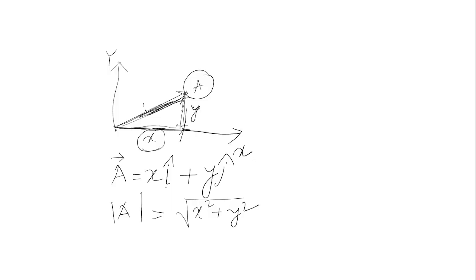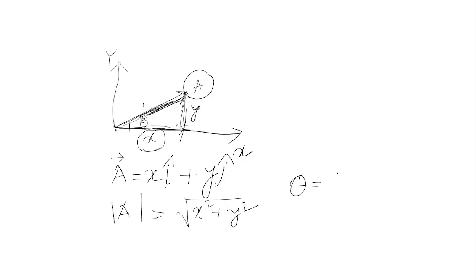Now how can we define the direction? Absolutely simple. We can define the direction by theta. This is the angle. If we go theta from the x-axis, we can define the direction also. It's very simple.